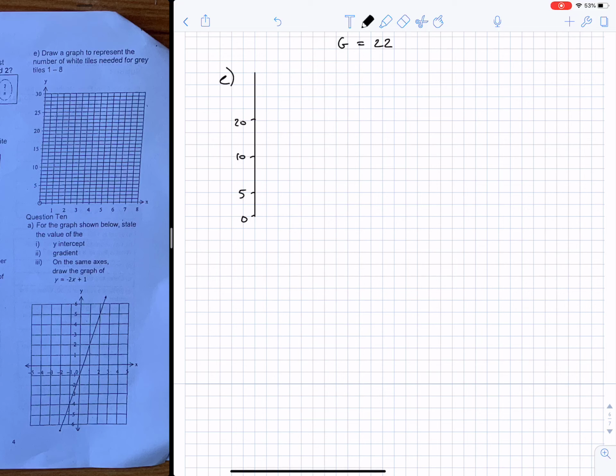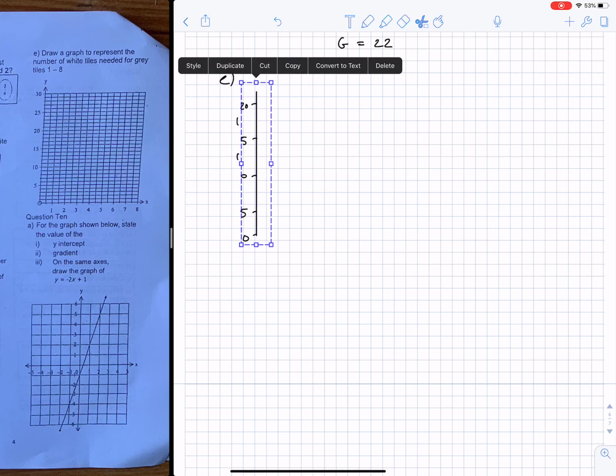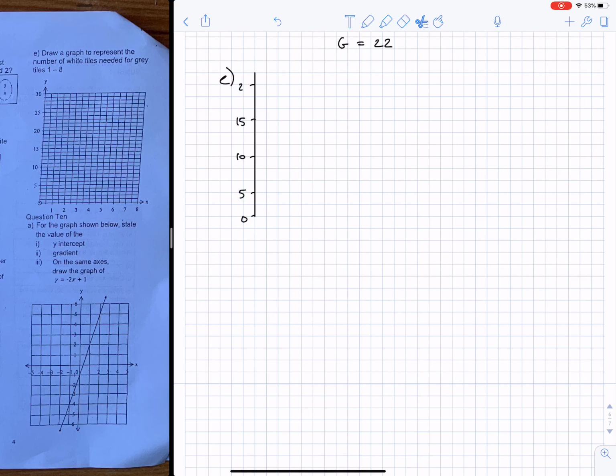Oh, whoops, it goes in increments of 5. 5, 10, 15, 20. Yep, we need to extend this higher. Okay, let's plop that down here. 5, 10, 15, 20. You got 25 here and 30 here.